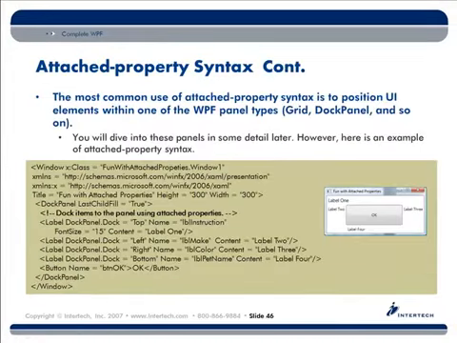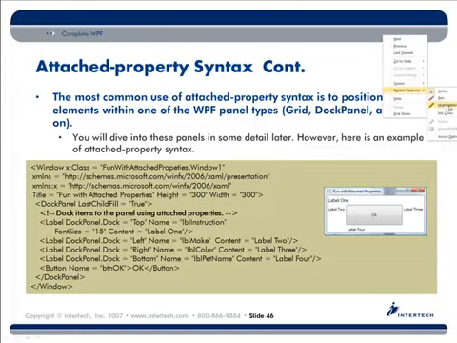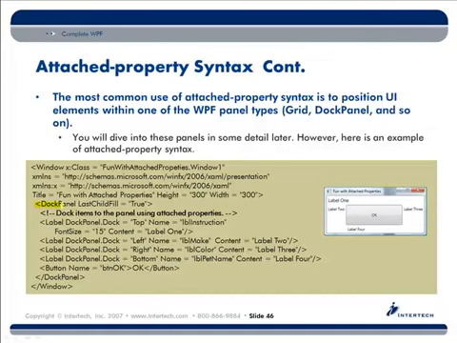So here's an example of this. And again, please don't try to read every line of markup here. Just kind of get the bigger picture. I've defined a window that has as its only piece of content a layout manager. And the layout manager is this dock panel. Well, the dock panel has a set of items inside of it, right?